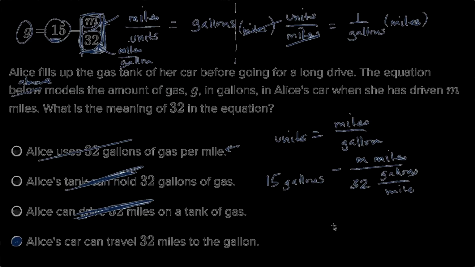This is going to be minus m over 32 miles times miles per gallon. You get miles squared per gallon. You get these crazy units up here. So hopefully it makes sense that we would pick this last choice.